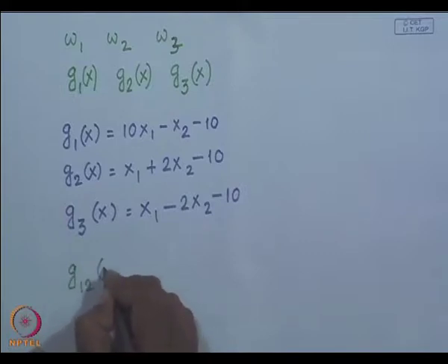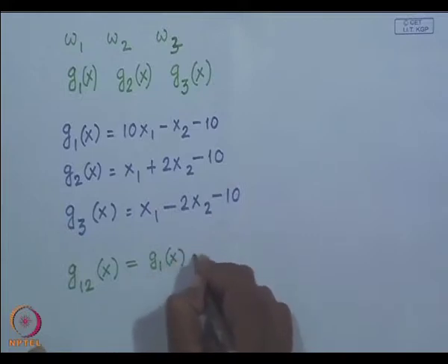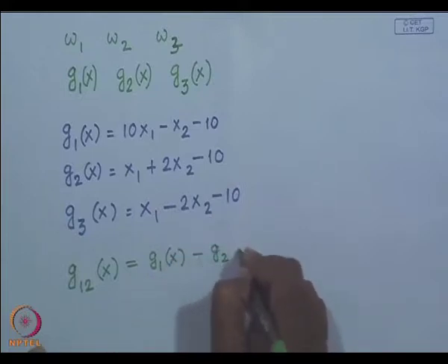g12 of x, and g12 of x will be given by g1x minus g2x.